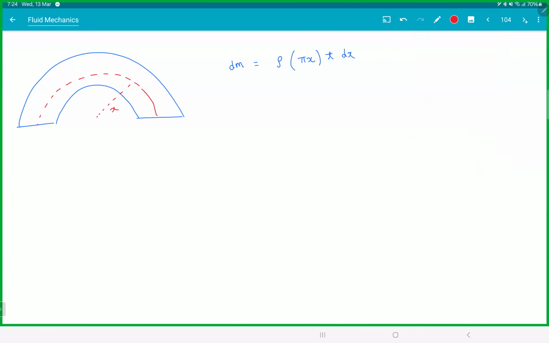So you're taking a thin strip whose width is dx. Total angle is pi. So this is the mass of that semicircular strip. And don't forget, this entire strip is going with v dash. Speed is the same at that distance.